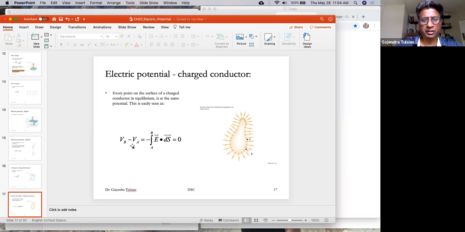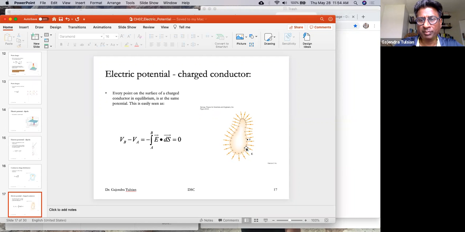Okay, so here was the definition of change in electric potential. This was the general definition, which is equal to minus the line integral from A to B of E dot ds. But we saw from the previous chapter that all the charge resides on the surface of a conductor, and the electric field is perpendicular to the surface.